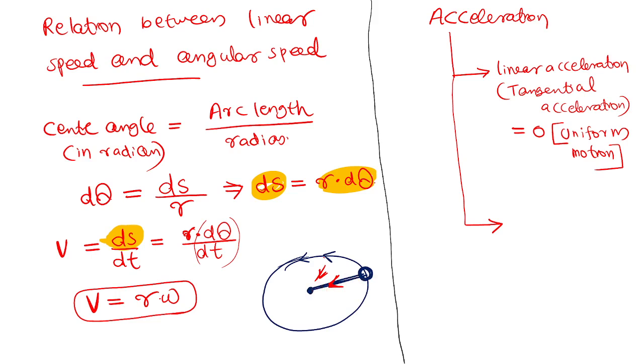The body will escape from the circular track. If I release it, I am not applying the force, and immediately it will escape from the circular track.